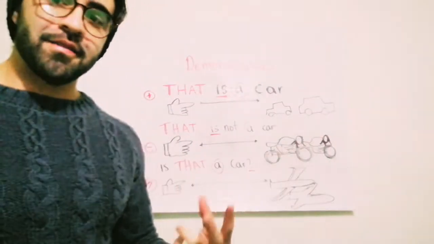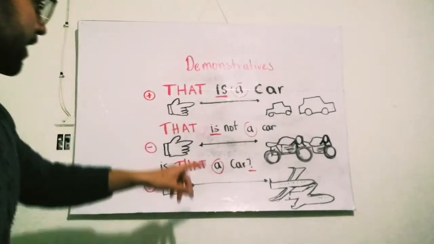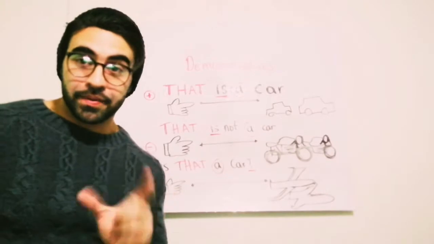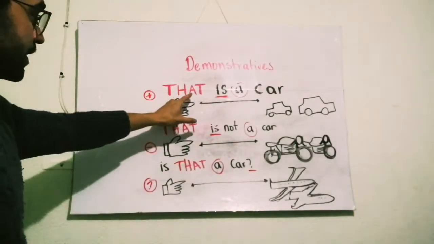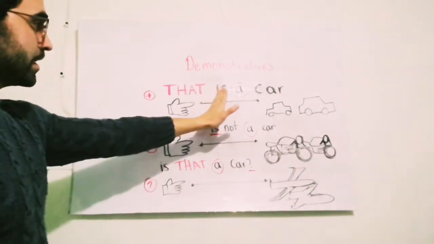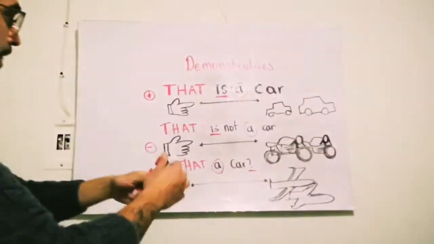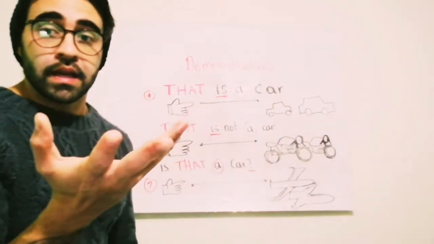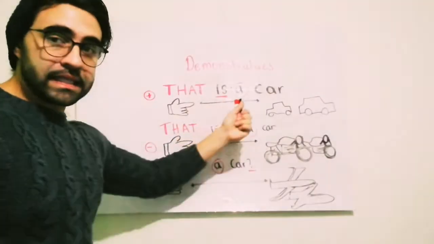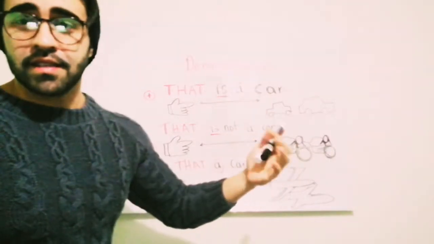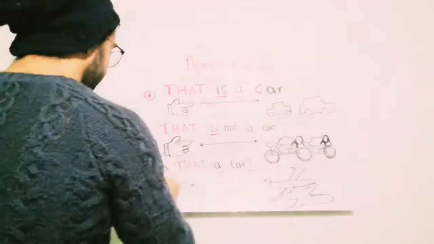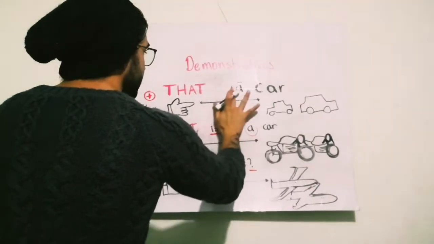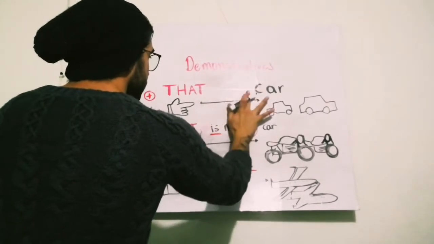Now, here we are with the second example. But I want you to pay attention here because this is a little bit different. So I say that is a car, right? But in this case, we have two cars, right? Now, the verb to be is can't be used in this sentence because it's plural, right? So when it is plural, we're going to erase that and we're going to erase this other word.